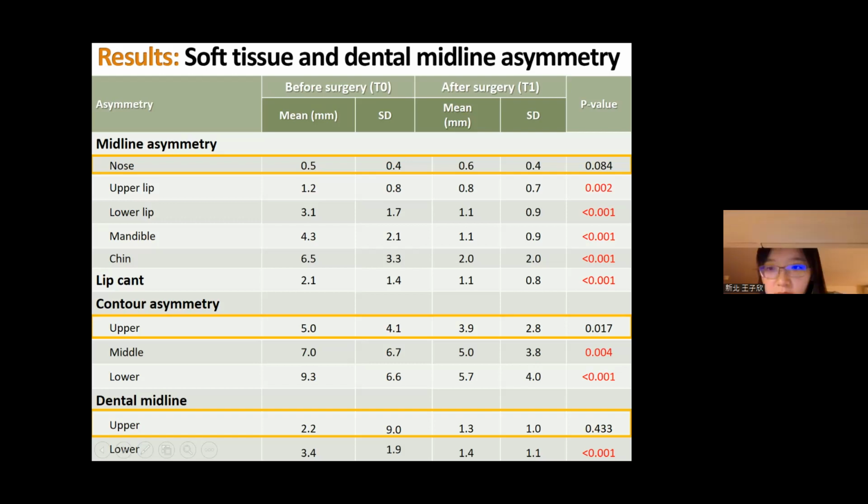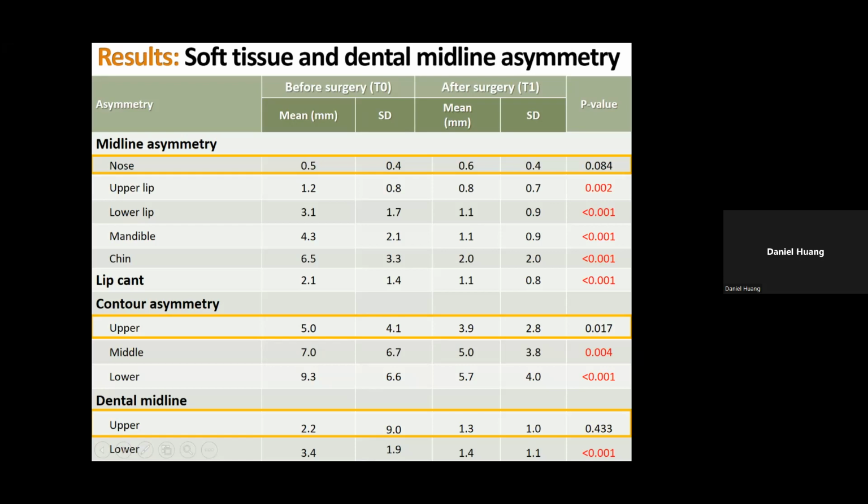Yes, for most of the variables. So even for the chin, 2 millimeters is still clinically acceptable after the surgery. So you have to add this kind of tolerance for the clinical overall outcome, although you can express it as accurately as possible.